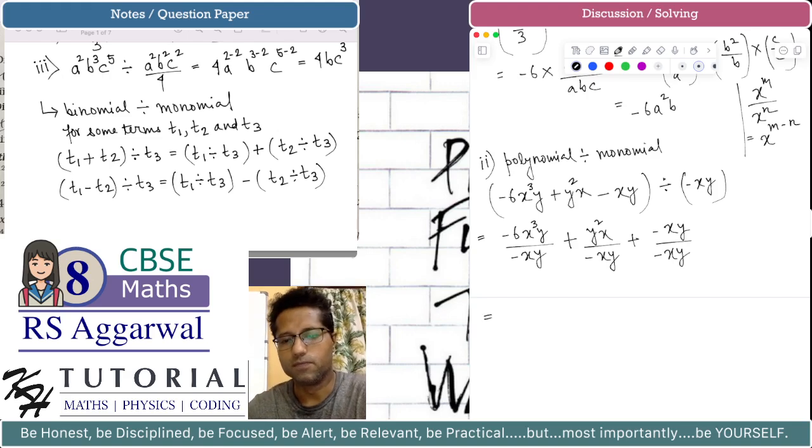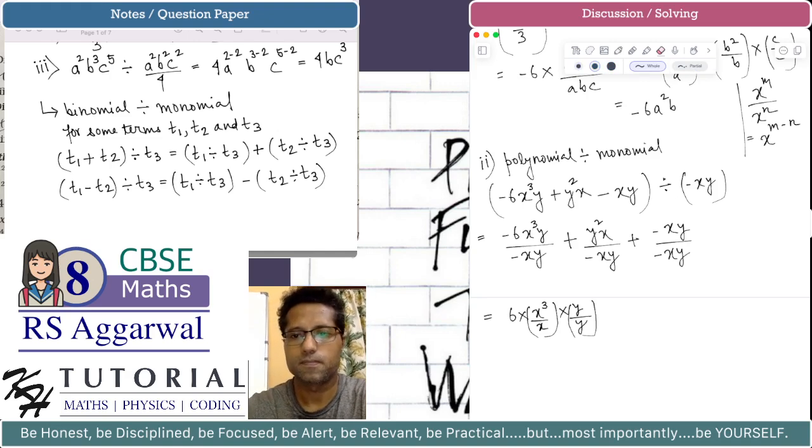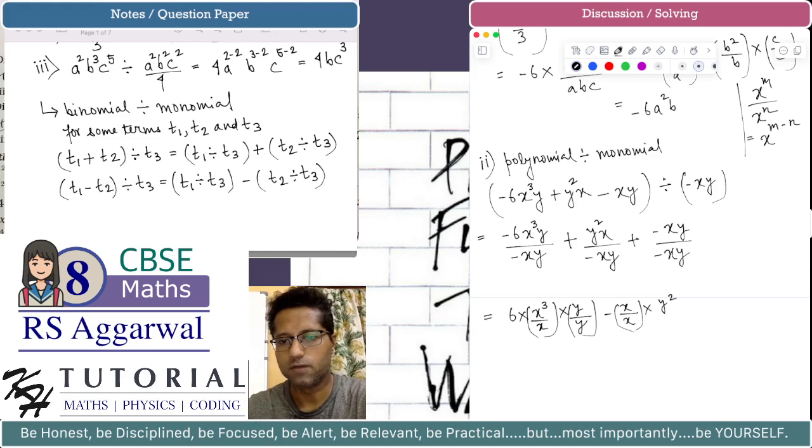Okay, so now if you simplify, this becomes 6 into x cube by x multiplied by y, and then we have plus, since the denominator is negative, it will become negative, and then we have x by x multiplied by, we are grouping the powers of similar literals, and then we will have x by x multiplied by y.